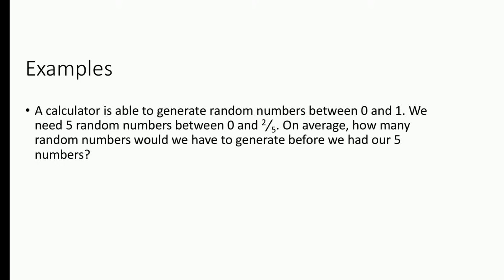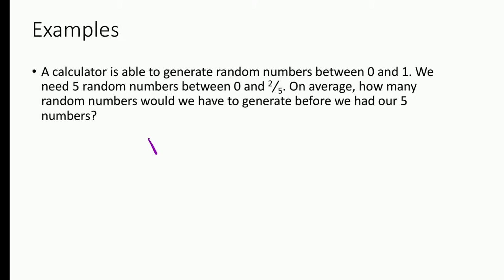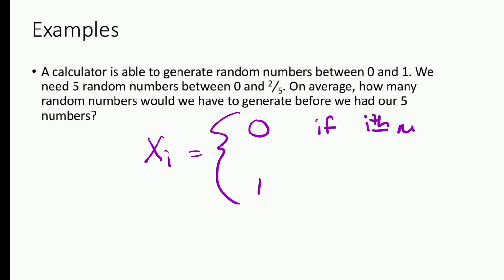We're doing this. So let's see. What are the individual random variables? What are the x sub i's that we're interested in here? So, for example, x sub i is going to equal, here's how we're always going to set it up, 0 if the ith number is greater than 0.4, that's 2/5, and it's 1 if the ith number is less than 0.4.